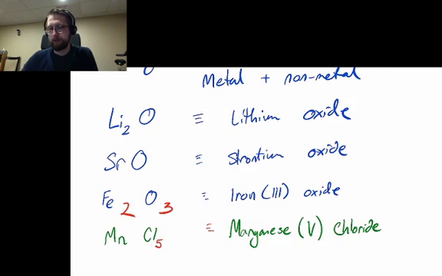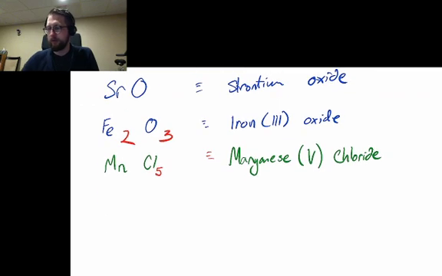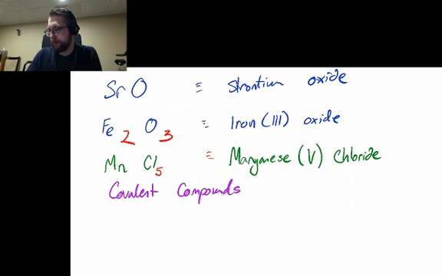So now we're going to move into the covalent compounds. So we also did covalent compounds. Let me just change pen, something I haven't used in a while. Okay. So covalent compounds are going to be non-metal plus non-metal.